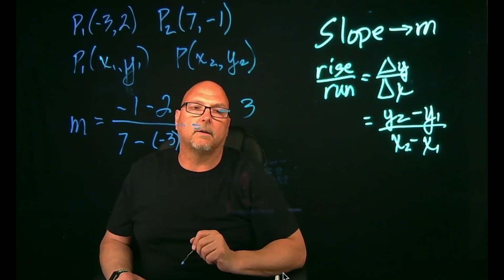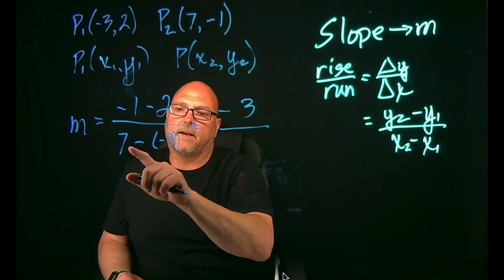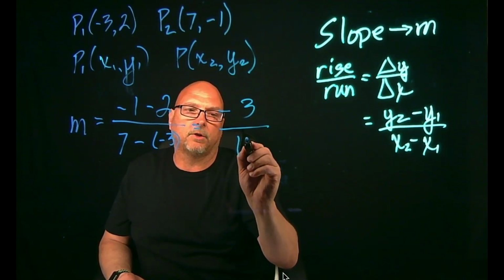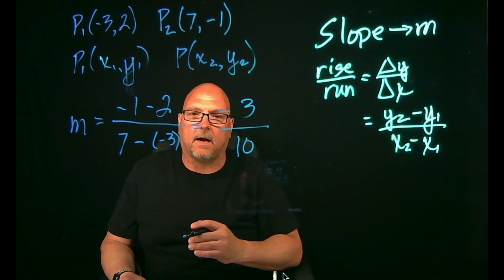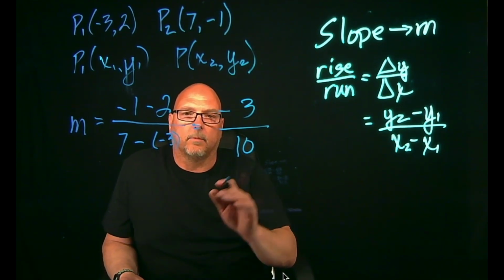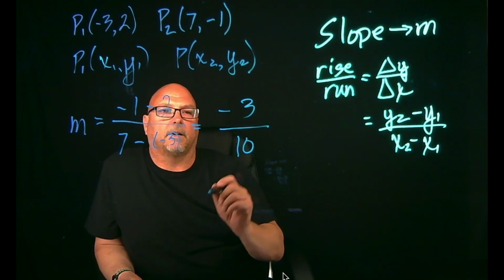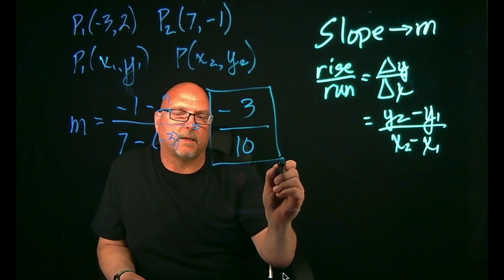So there's our numerator. And in the denominator, I have 7 minus a -3, which gives me a 10. So feel free to use a calculator on those. Sometimes the negative signs can be tricky, but I think you can figure it out. So this one has a slope of -3/10.